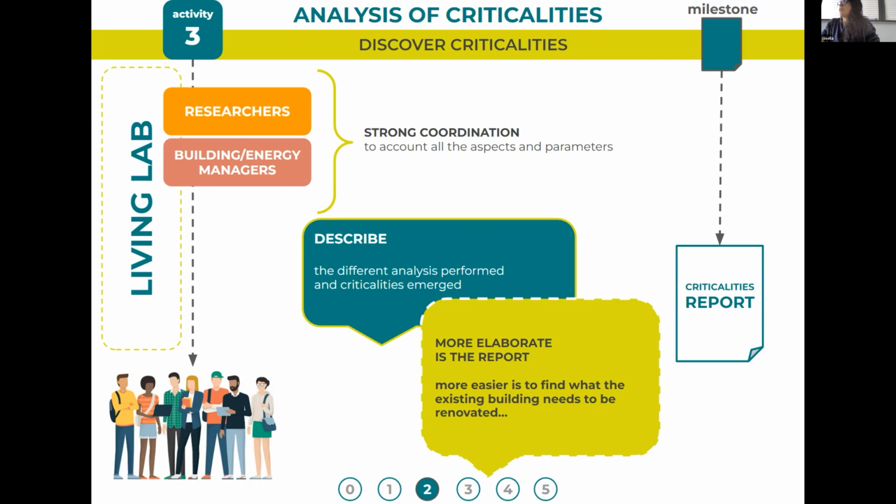That is a descriptive report where all the different analyses performed are described, and all the emerging criticalities are well highlighted. It is important to make an elaborate report of criticalities, because the more elaborate it is, the easier it will be to find the needs of the actual building for renovation.